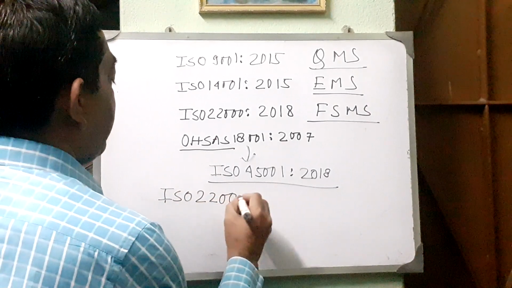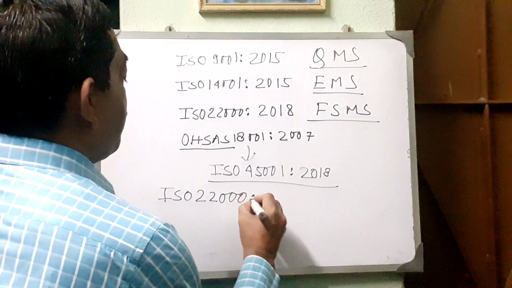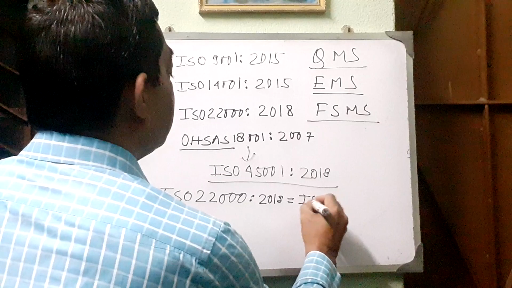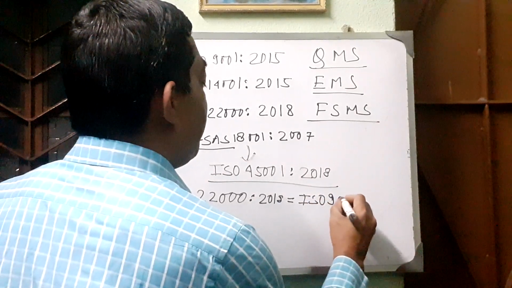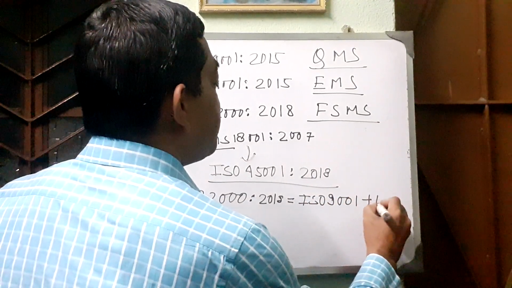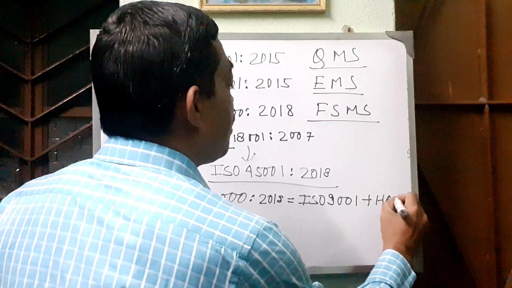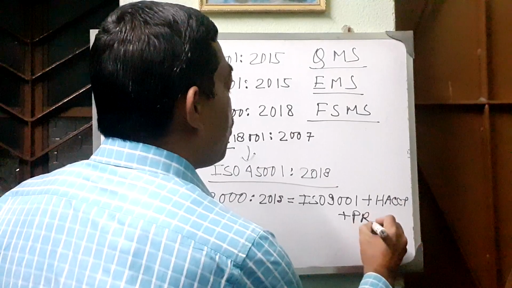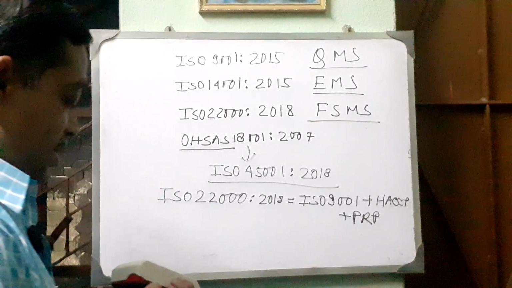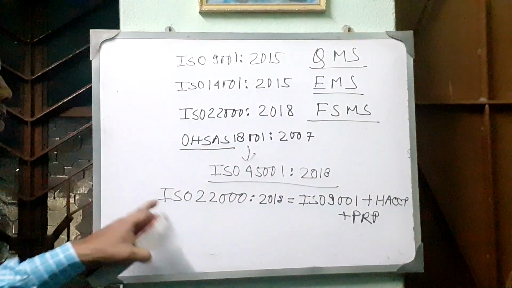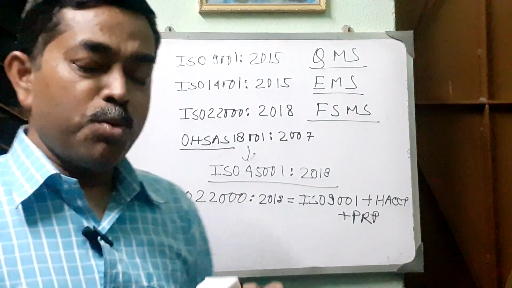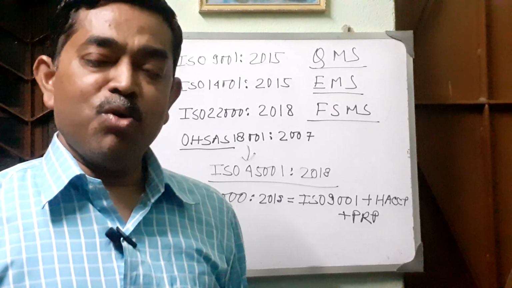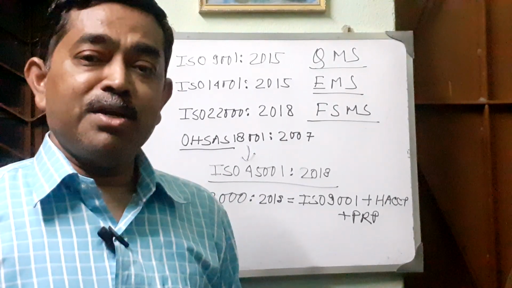And ISO 22000:2018 is nothing but ISO 9001 plus HACCP, hazard analysis critical control point, and PRP, prerequisite program, in industries. So there are so many clauses and the standards are the same, so they are following the same.